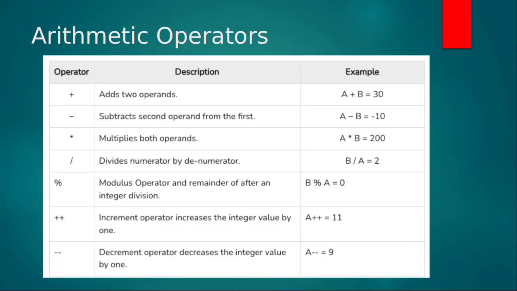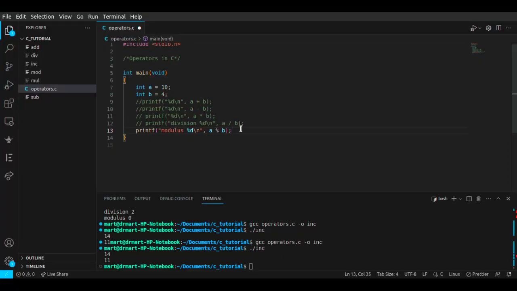So let's go to the next operator. Right here we can see the increment and the decrement. Plus plus, minus minus. I think I will just take those two together. Plus plus, minus minus, which stand for increment and decrement. Back to our code, I'll just comment this out.